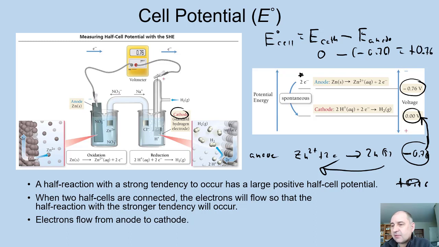And if it's positive, it's going to be flowing in that direction. So this is spontaneous. If it was the other way around, if I wrote this as the reduction and this as the oxidation, we would of course have negative 0.76 minus 0, which would give us a negative number. So that is a non-spontaneous reaction.